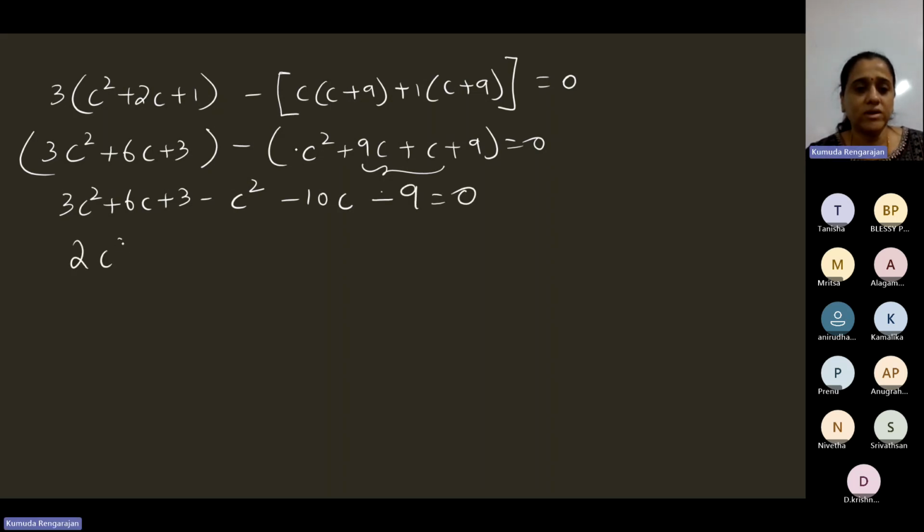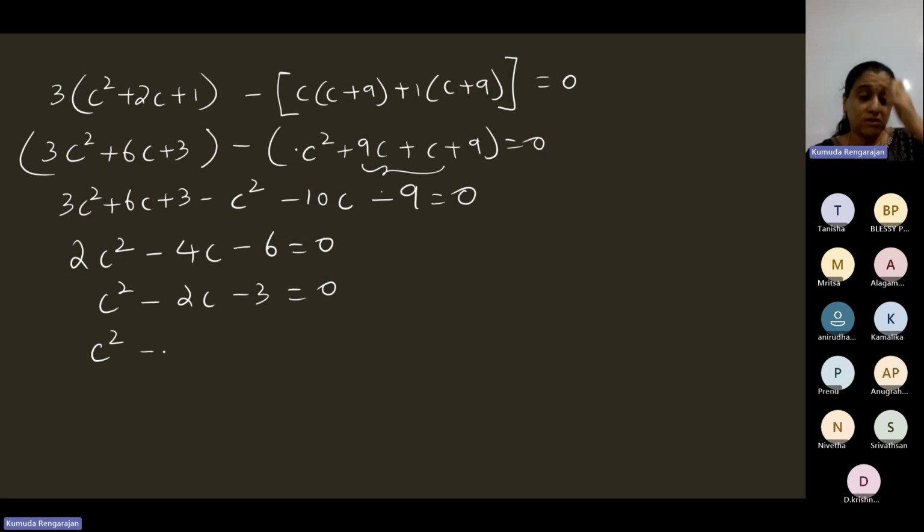So 2c squared minus 4c minus 6 is equal to 0, right? So dividing by 2 throughout, c square minus 2c minus 3 is equal to 0. Split the middle term: minus 3c plus 1c minus 3 is equal to 0.